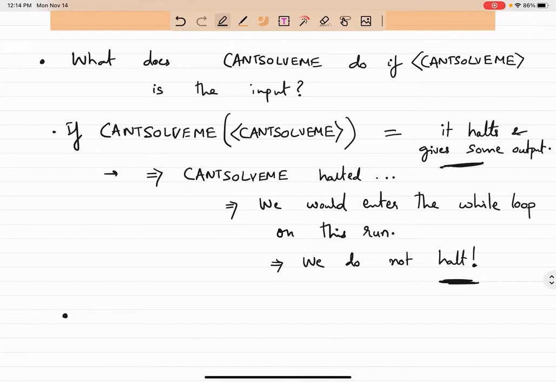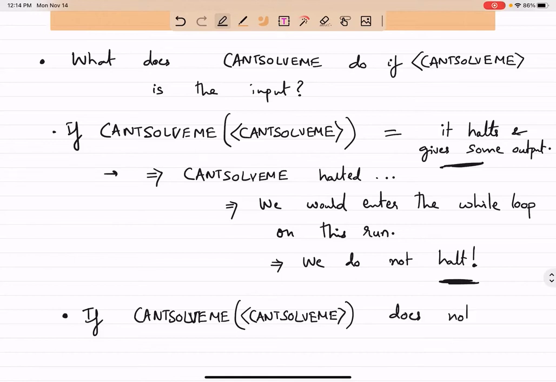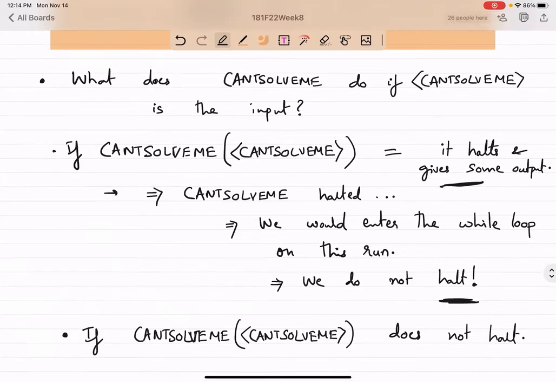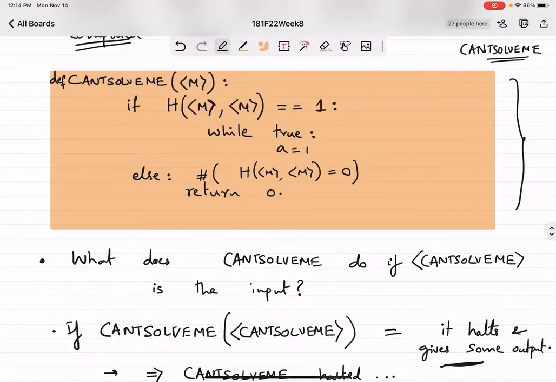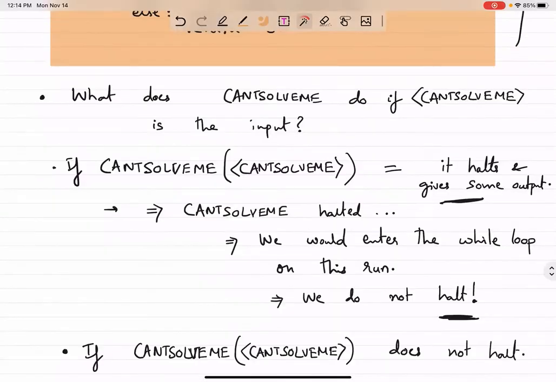Okay, so let's do the same thing again. There's another case, maybe it does not halt. If we assume that it halted, we got a contradiction. But what happens if it does not halt? Well, if it does not halt, you would enter the else branch and you're halting, because you're doing the exact opposite.